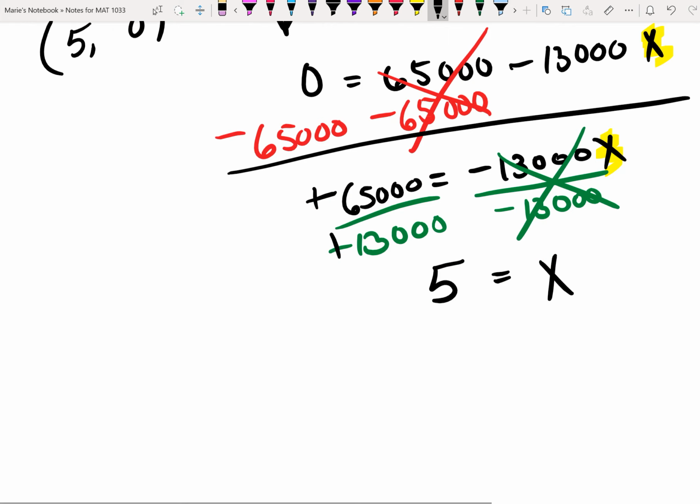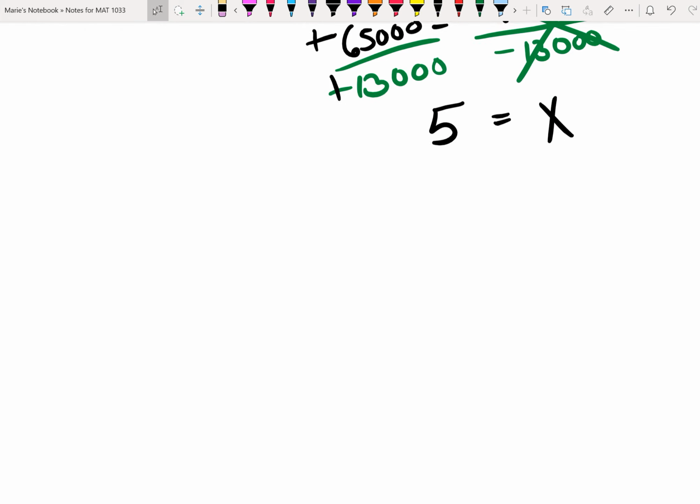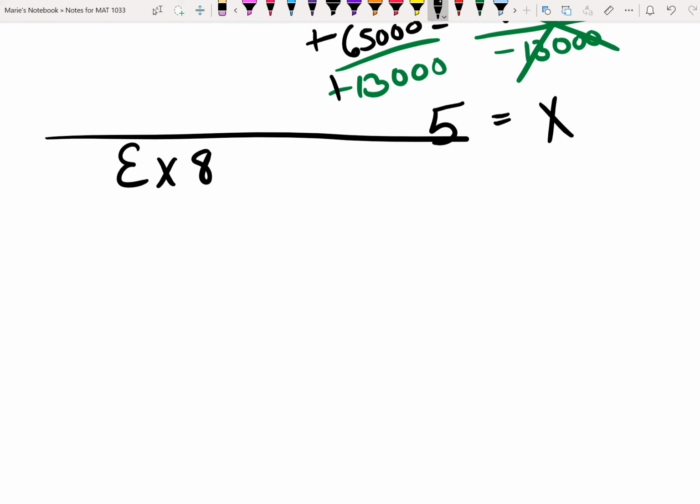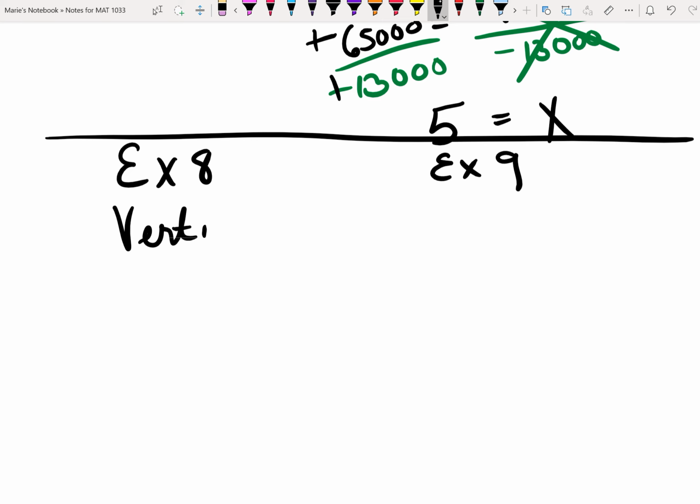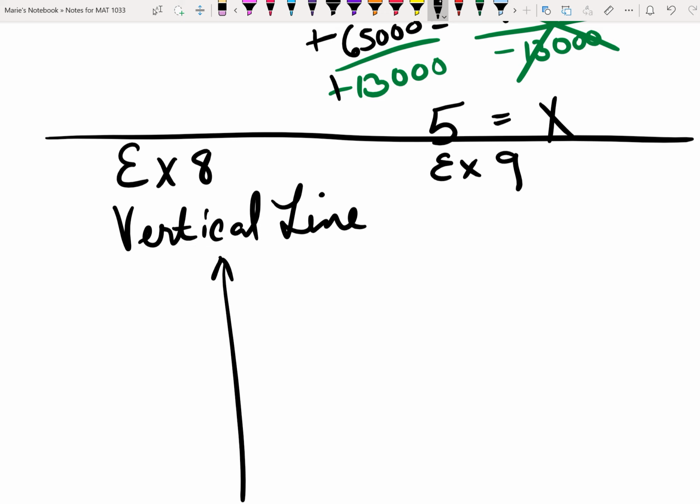Now the horizontal and vertical lines, let's talk about that. I'll talk about them together. So these are examples 8 and 9 respectively. So if I begin by talking about the vertical line, just keep this in mind, and I've always said this in class. This is your y-axis, it's a vertical axis. The horizontal axis is the x, right?